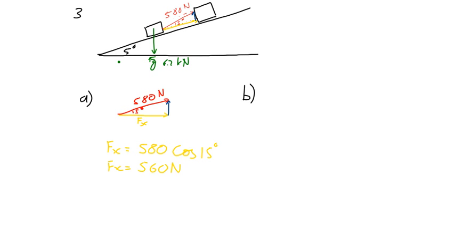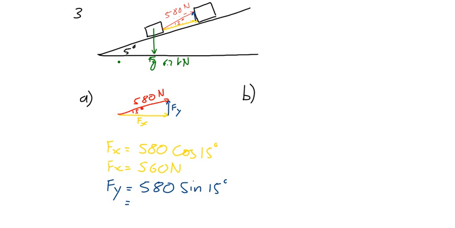What about my perpendicular one? Well, that's my opposite side. So now this one is Fy. Fy is equal to 580 sine of 15 degrees. If I calculate that, 15 sine times 580 gives me 150. Is that correct? I'm just checking myself.